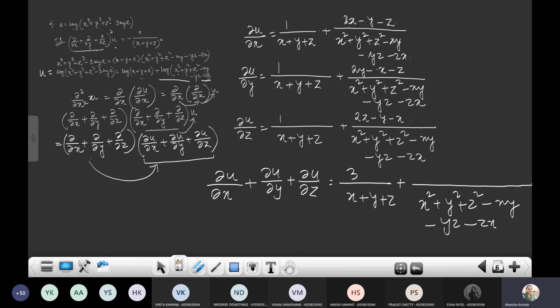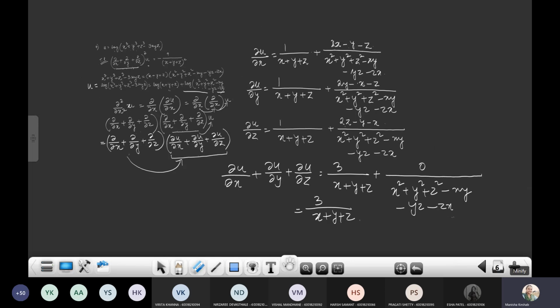So what you'll get, 2x minus x minus x, meaning 2x minus 2x is 0, minus y plus 2y minus y, so again 0, minus z minus z plus 2z, so the numerator becomes 0. That means the second part has become completely 0. So what remains, only 3 upon x plus y plus z, fine.